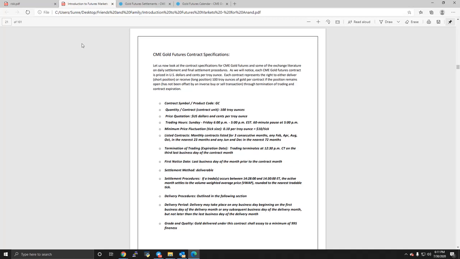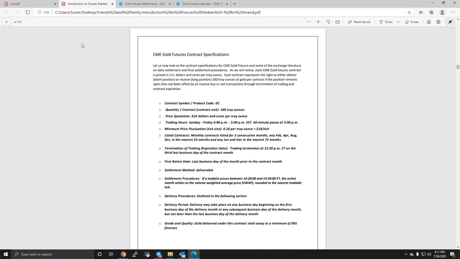Now, some important dates to know as a futures market trader is the first notice date and the termination of trading date. So the first notice date is going to be the last business day of the prior month to the contract month. Since today is July 30th, 2020, we have an August gold futures contract that is going to be experiencing its first notice date tomorrow, which is the last business day of July 2020.